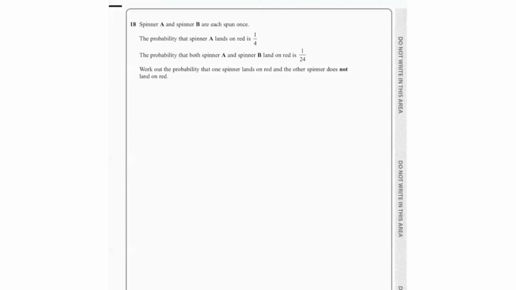So let's make a tree diagram. So this is for spinner A and this is for spinner B. And this is red and not red, red, not red, red, not red.